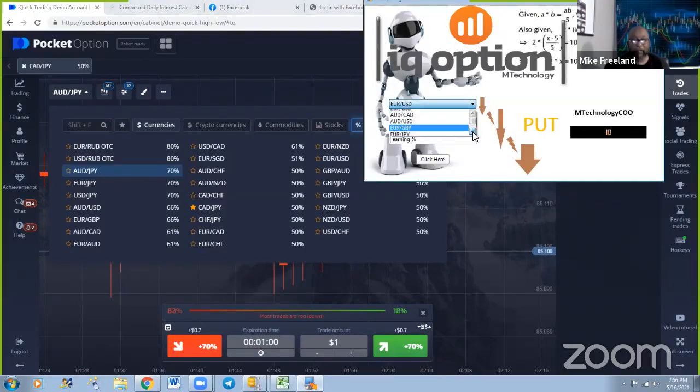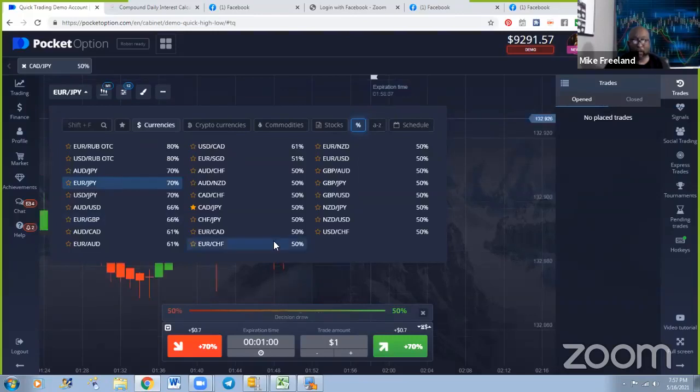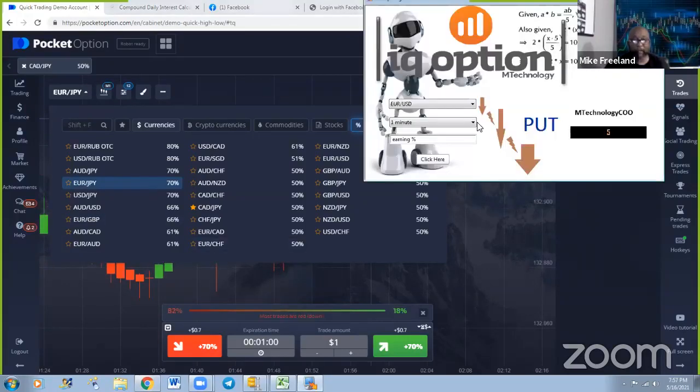We're still adding more in, so not all of them are here, including that one. No problem. Is EUR JPY in the drop down? EUR JPY is in the drop down. Set. How much are you trading for? What is the percentage? 70%. That's your earnings, 70%.